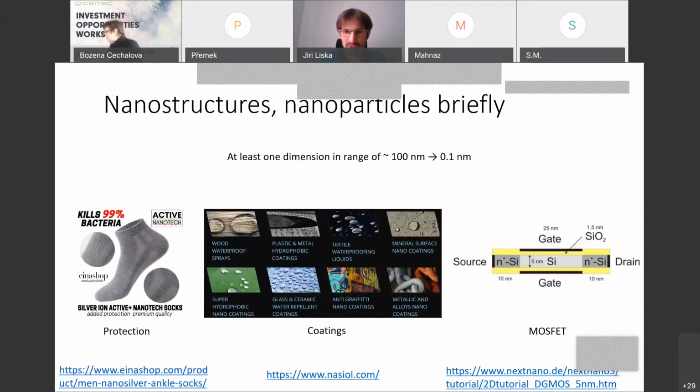I will talk about nanoparticles or nanostructures, which are objects with at least one dimension below 100 nanometers. There are many applications, from socks with special protection, or coatings on cars, for example, to field effect transistors.